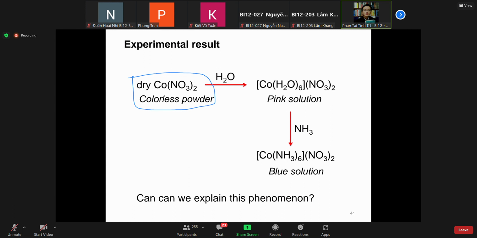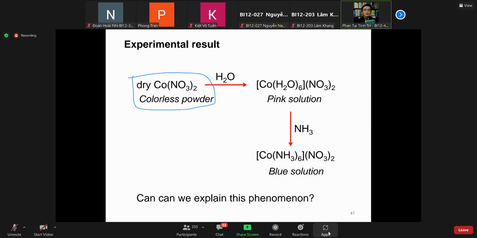So for cobalt nitrate, the wave that is associated with it is not in the visible region. We can't observe the photon, so it's colorless.